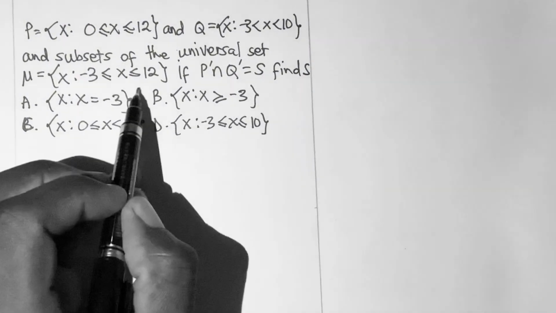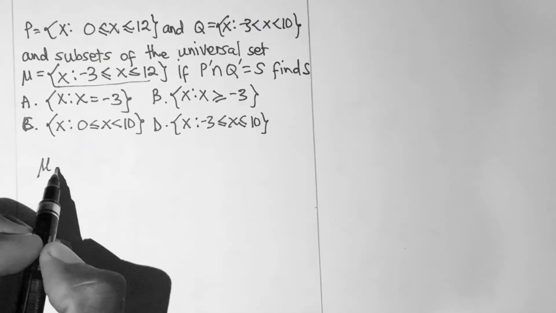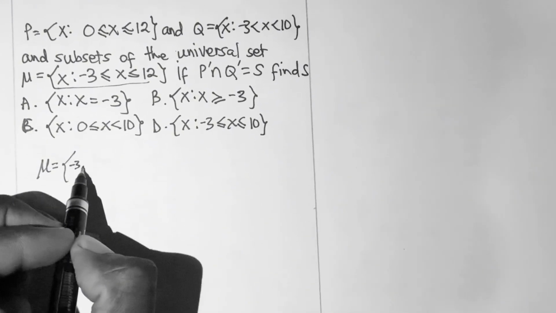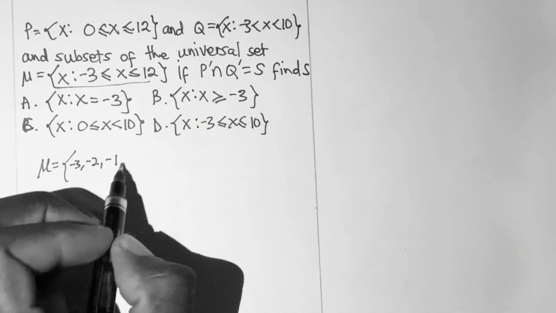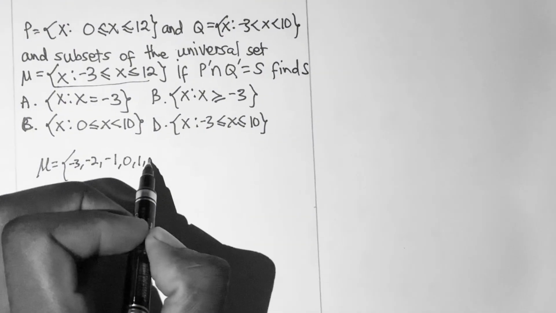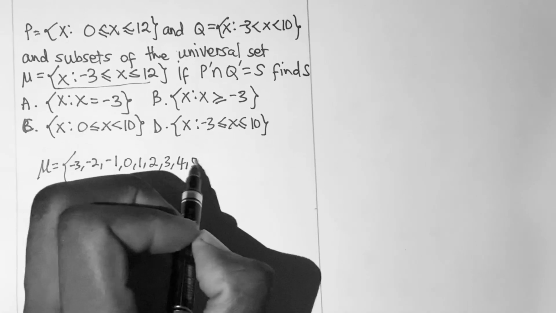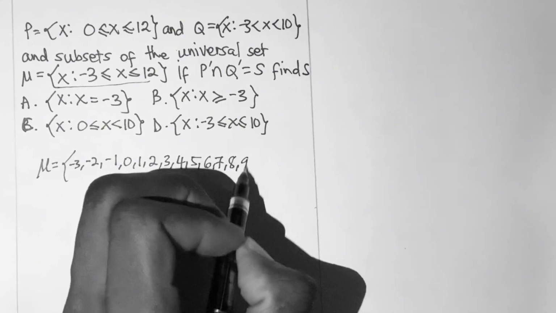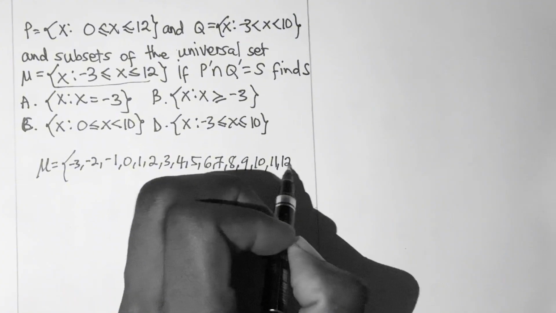So the first thing is that we need to list the members of the universal set. So U is such that x is from minus 3 to 12. So we have minus 3, minus 2, minus 1, 0, 1, 2, 3, 4, 5, 6, 7, 8, 9, 10, 11, and then 12 itself.